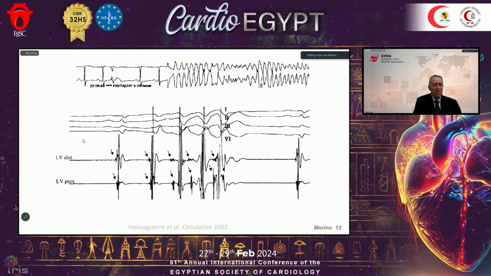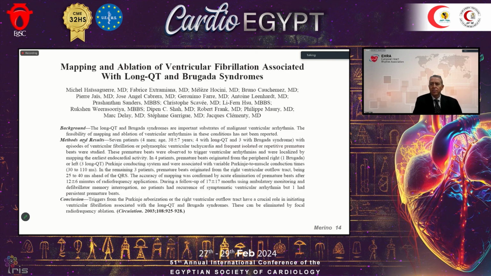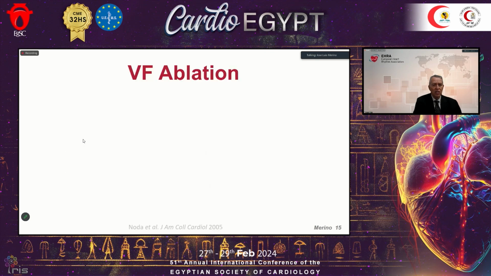And in other instances, they found this firing from the Purkinje system degenerating into VF. After that, they expanded their initial experience of idiopathic VF induced by PVCs to the long QT and Brugada syndromes.